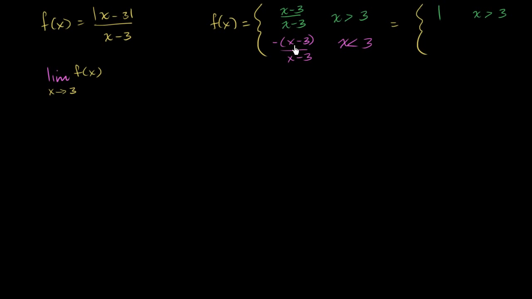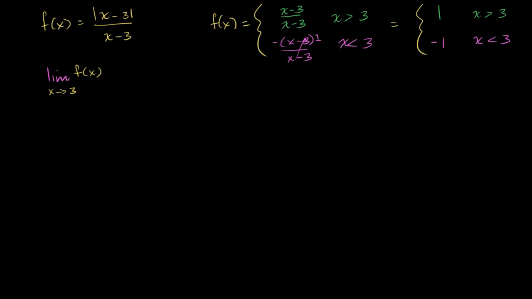As long as x does not equal 3, this part simplifies to 1, so you're left with negative 1 for x less than 3. If you don't believe me, try it out with some numbers: 3.1, 3.001, 3.5, 4, 7, any number greater than 3, you're going to get 1, the same thing divided by the same thing. And try values of x less than 3, and you're going to get negative 1 no matter what you try.